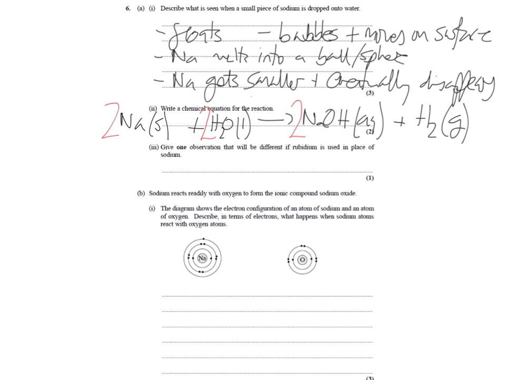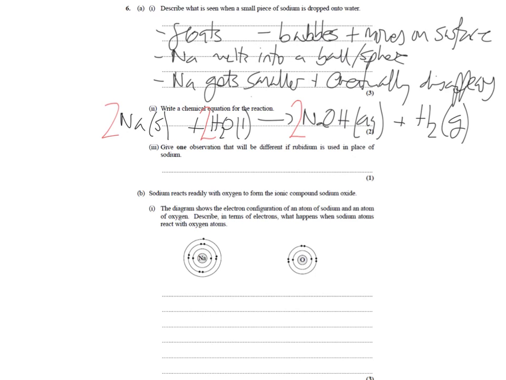Now, how would this reaction change if we were using rubidium instead of sodium? Now, it wants us to make an observation. Rubidium is below sodium in group 1, and I hope you know that the metals in group 1 get more reactive as you go down the group, and that's because it's easier to remove that outer electron as you go down the group, because the outer shell is further from the attractive positive nucleus as the atoms get bigger.